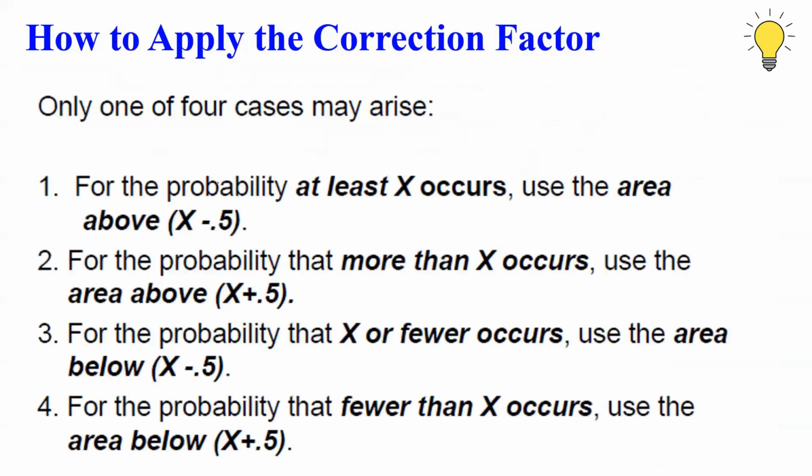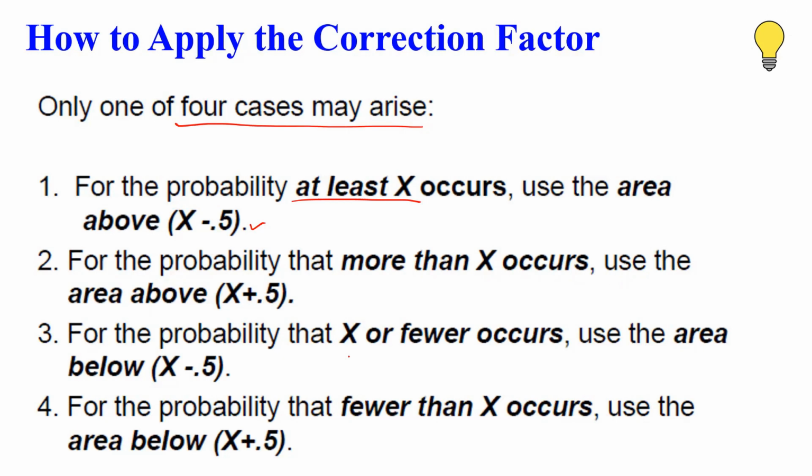First, you need to know that only one of 4 cases may arise when you are applying the correction factor. First, for the probability that at least X occurs, use the area above X minus 0.5. Second, for the probability that more than X occur, use the area above X plus 0.5.